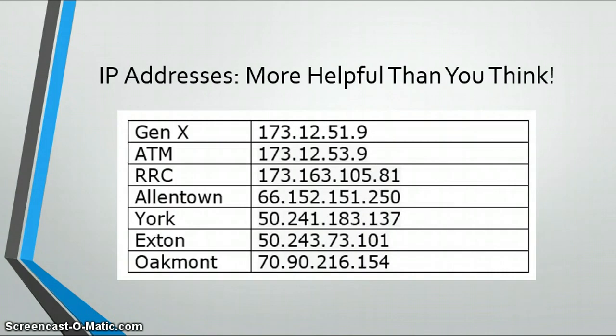Another key function of using these activity logs is the IP address. It is more helpful than you think. Listed here are the IP addresses for all of the centers at AHCCS. What I see as the most important part of an IP address is just the identification of where the student is working. I know that might seem obvious, but many times we have students that are traveling.